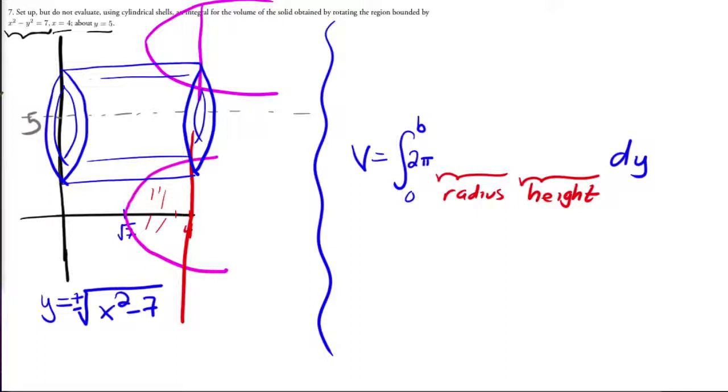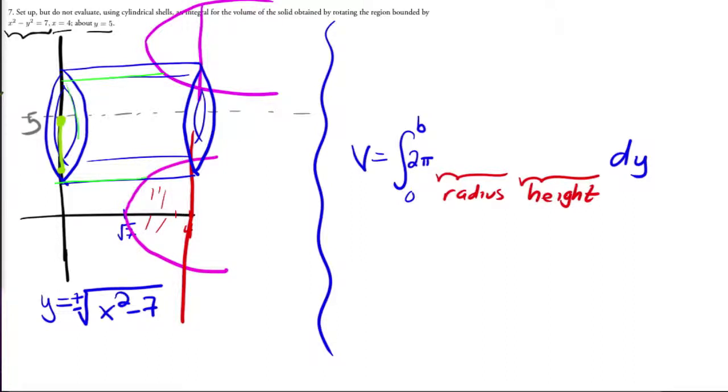Okay, so now I need to figure out what's the radius of this shell. So from here to here, for example, what's the function that describes that radius? And another thing to keep in mind is that this is the shell on the outside, but then I'm going to have to subtract the shell that's formed by the inside.